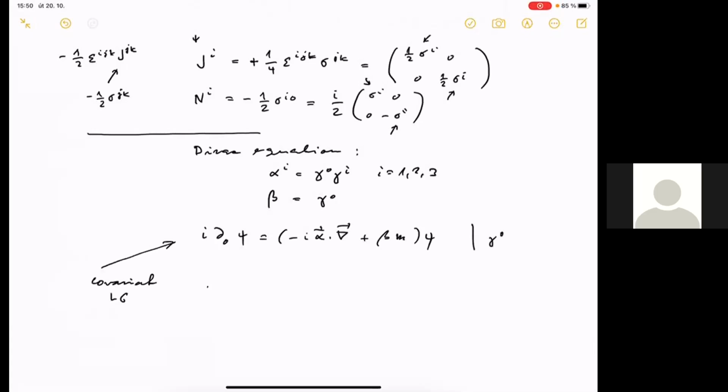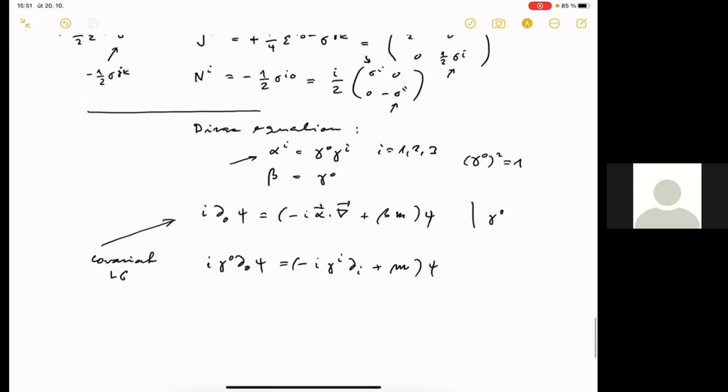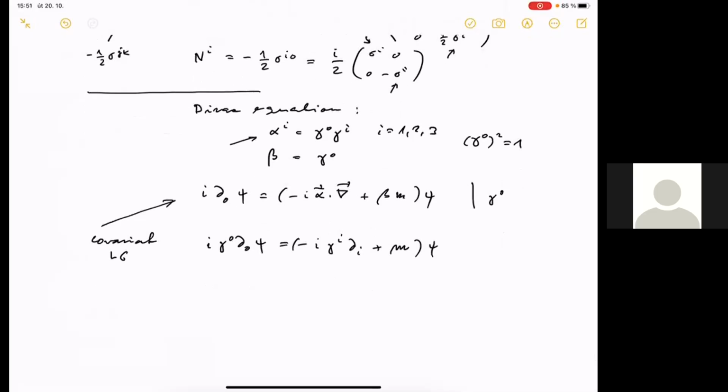What we get is i gamma 0 d0 psi, and on the right-hand side we obtain minus, using the definition of alpha, and because gamma 0 squared is 1, just minus i gamma i d_i plus, and beta is gamma 0, so we obtain m acting on psi. Or rewriting it in the most elegant way, we obtain the Dirac equation in the form (i gamma mu d_mu minus m) acting on psi.